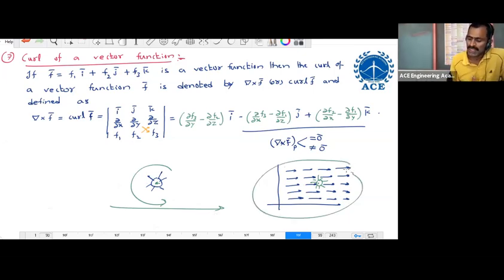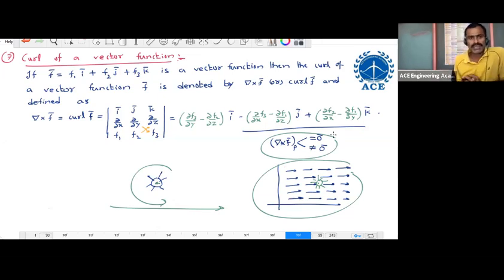Mathematically, if you want to check the rotation exists or not, we use curl only. So three quantities here: gradient, divergence, curl. Gradient is useful to find the normal to any given surface. Next, divergence is useful to check whether the flow is expanding or contracting at a particular position in a flow of quantity.